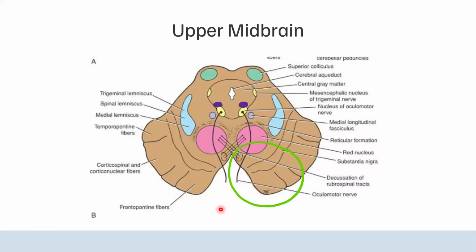The crus cerebri will continue to have all the exact same things: the frontopontine fibers, the temporopontine fibers, and the corticospinal and corticonuclear fibers. However, instead of what we saw as this huge decussation for the cerebellar portion, we have this red nucleus, which is for, what is this red nucleus for?